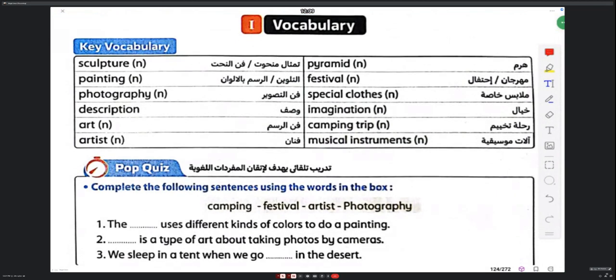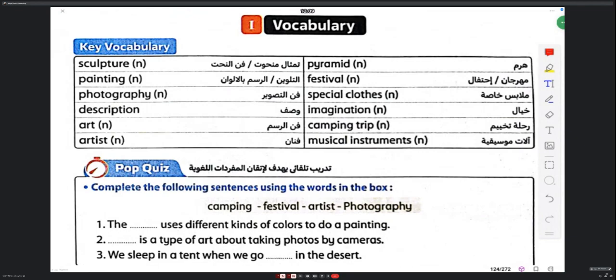Now can Luigi read? Sculpture, painting, photography, description, art, artist, festival, special clothes, imagination, camping trip, musical instruments.